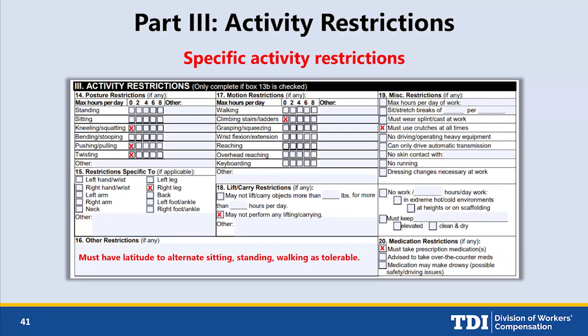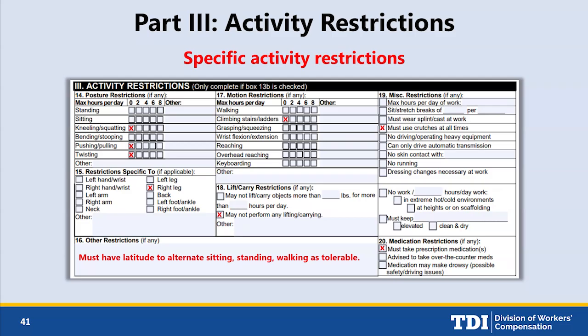So further down on the form in section 3, they're going to tell us what the activity restrictions are. So the maximum number of hours that they can be in a certain posture, or how many hours, motion restrictions, anything miscellaneous, lifting, carrying, what it's restricted to, and if it's to a certain body part.